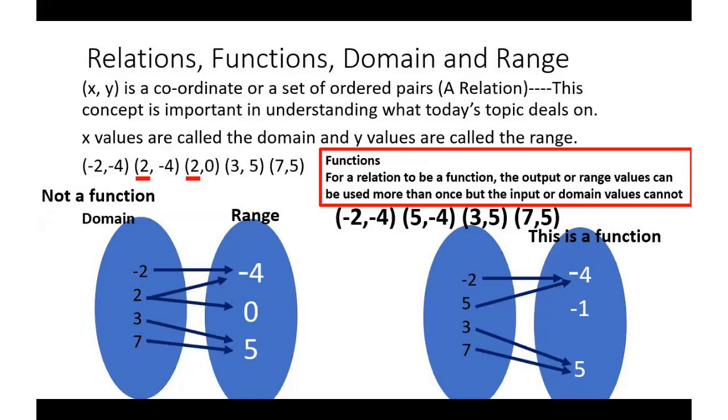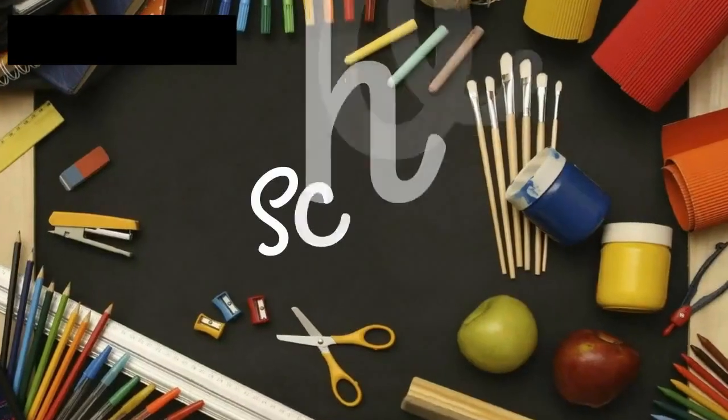So remember, for a relation to be a function, the input values must not appear more than once. I hope that has helped you to understand relations, functions, domain, and range.